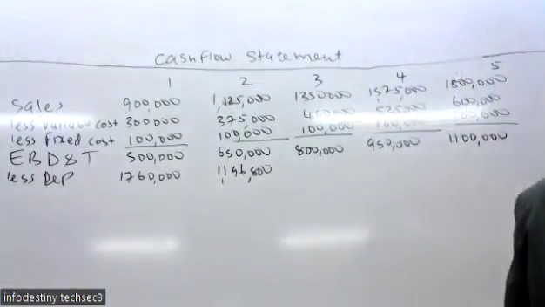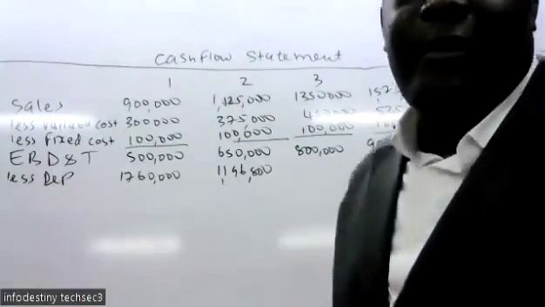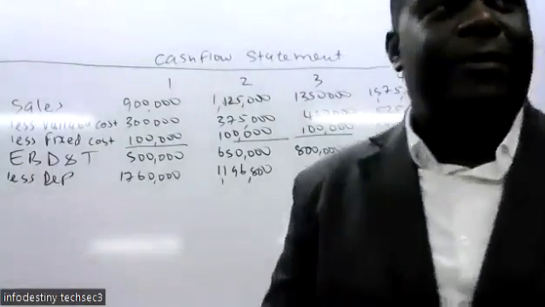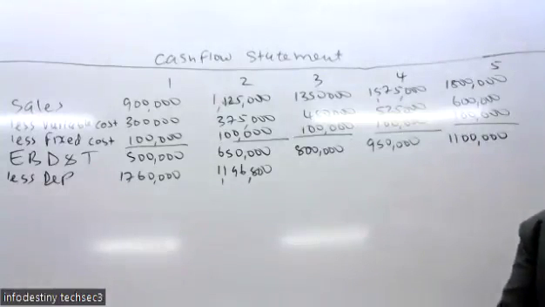Then year three, 813,824. But now, the one for year three, remember the overhaul. We also depreciate the overhaul, every year: year three, year four, and year five.